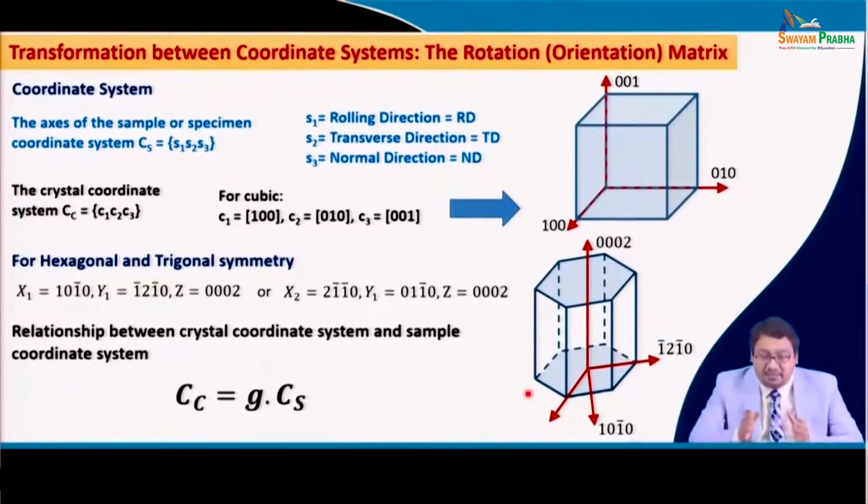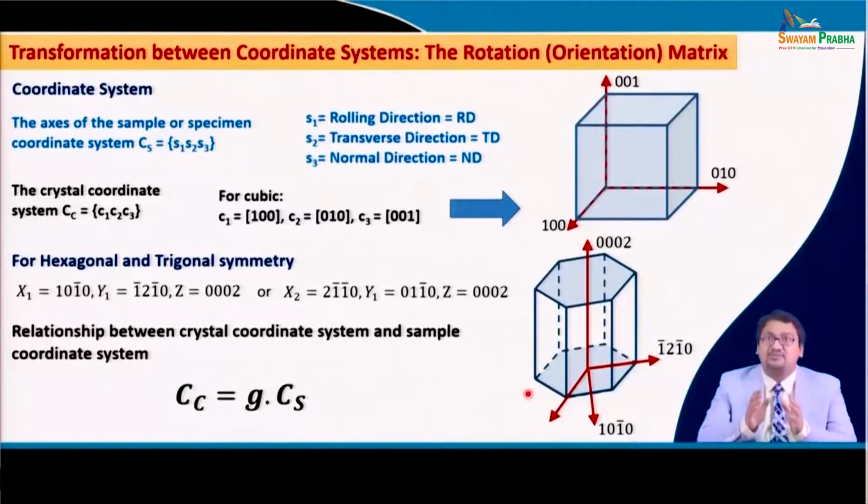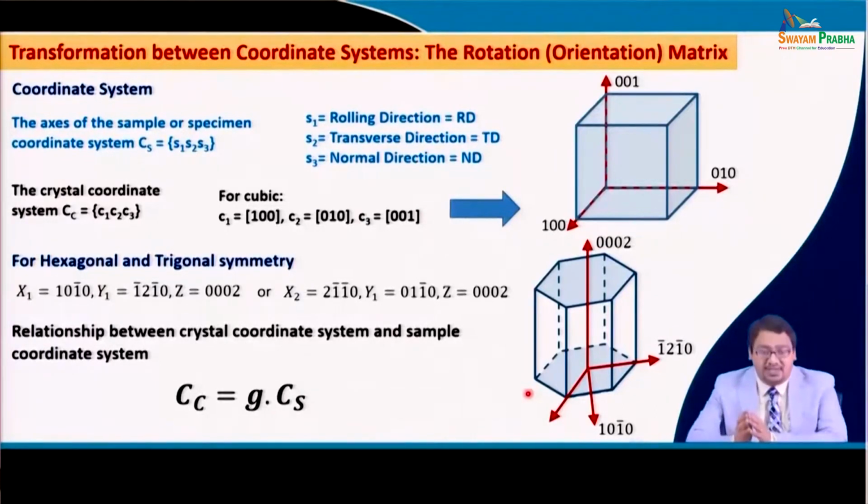See, therefore, we have for the hexagonal close packed system two different crystal specimen axes, where x and y can be interchanged, and so while we relate the hexagonal crystal system with the sample, we have to initially denote what is x and what is y, right.